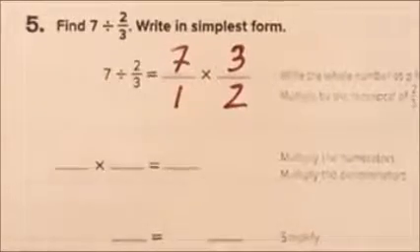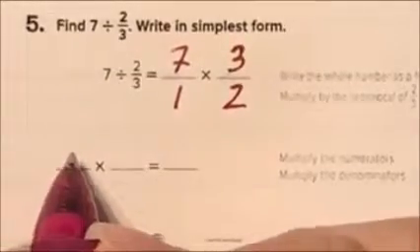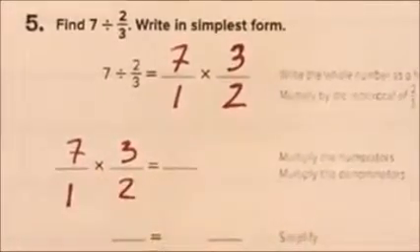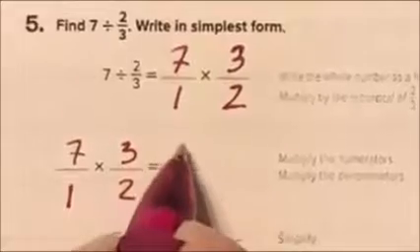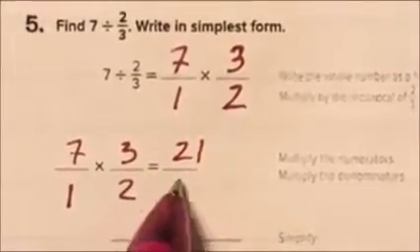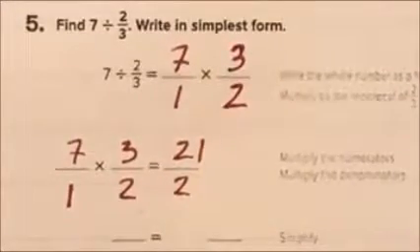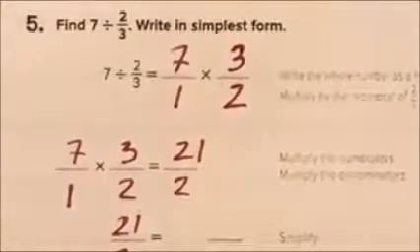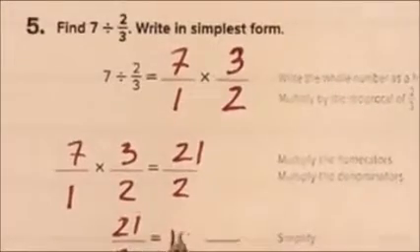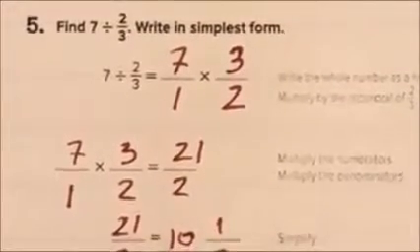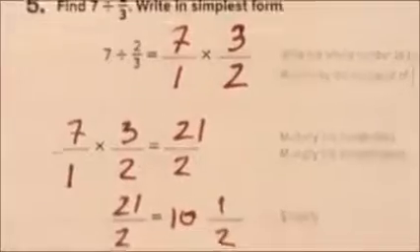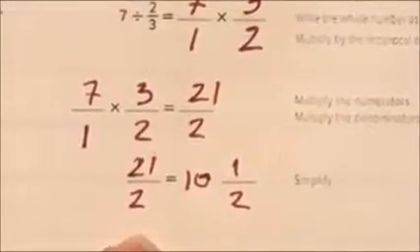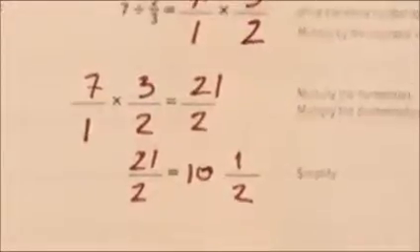So now I have 7 over 1 times 3 over 2. 7 times 3 is 21. 1 times 2 is 2. So I get 21/2, or 2 goes into 21 10 times with 1 left over, so I get 10 1/2. So 21 halves equals 10 and a half.